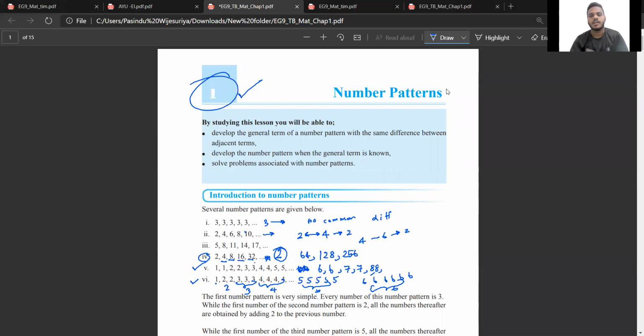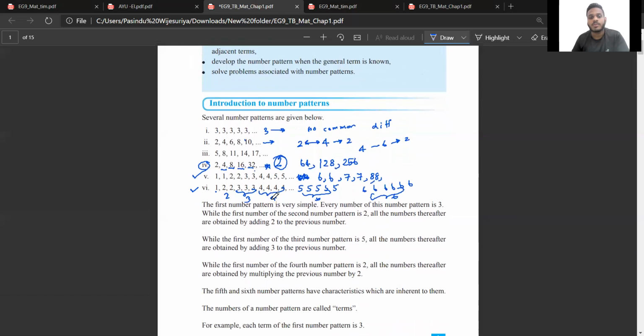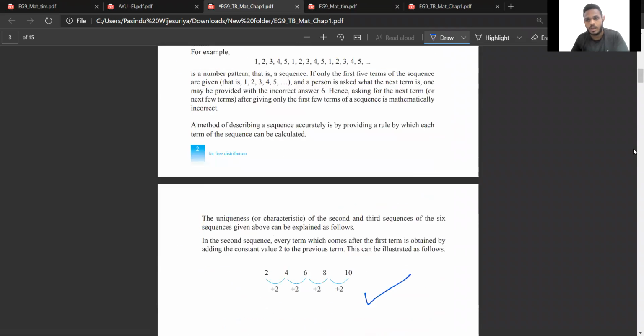But in the second term test and third term test, which is the final term test that qualifies us to move on to the O level 2 years, there won't be a lot of sums from number patterns, but there will be a considerable amount. And these very simple questions like what we discussed here won't be coming.